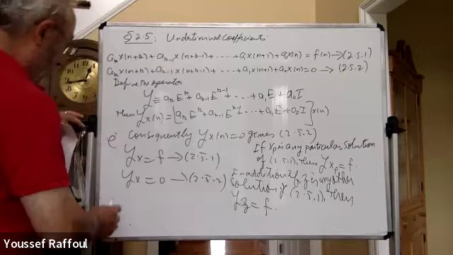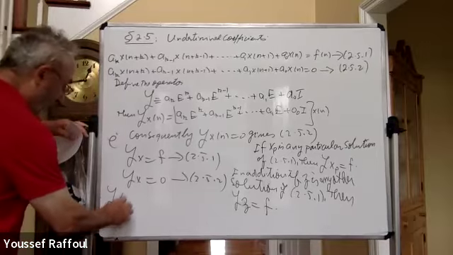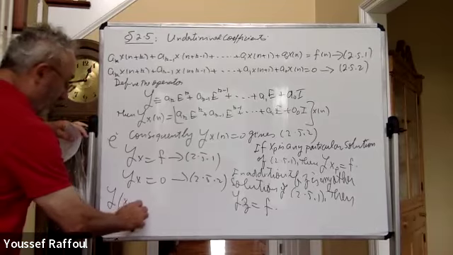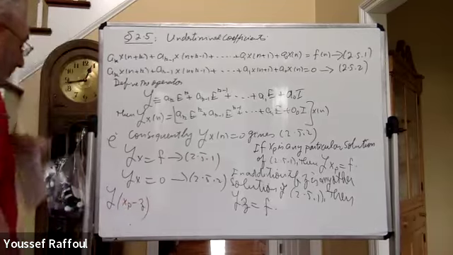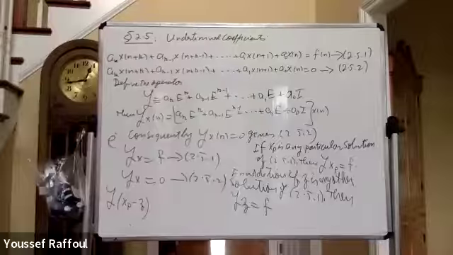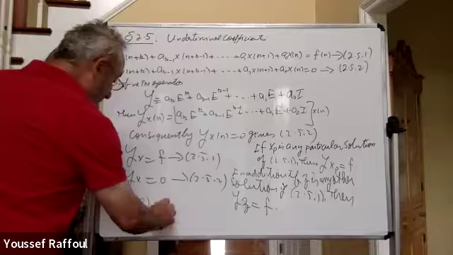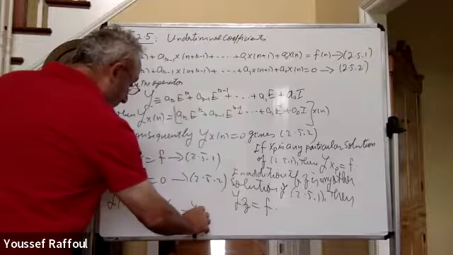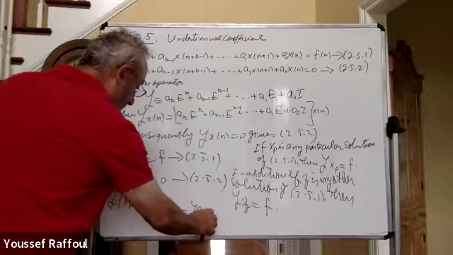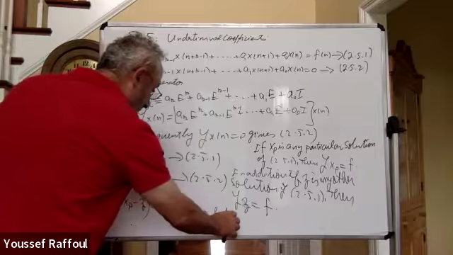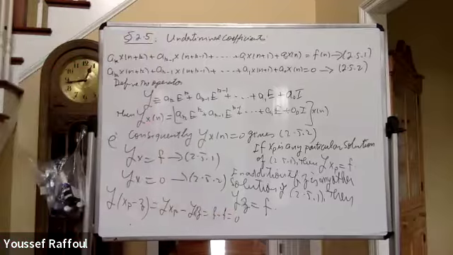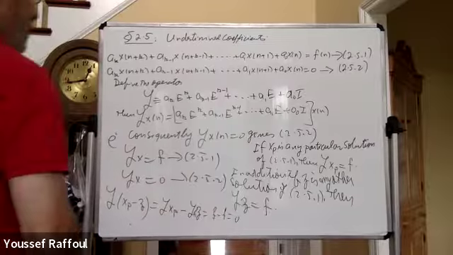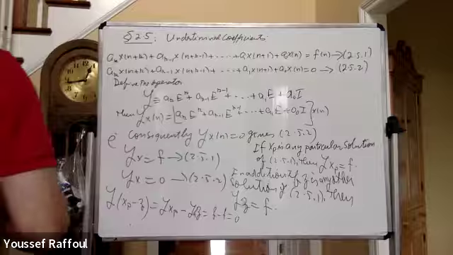So you see what happened? Now let's take a look at L(x_p minus z). That is L x_p minus L z, and that is f minus f, that is equal to 0. Okay.